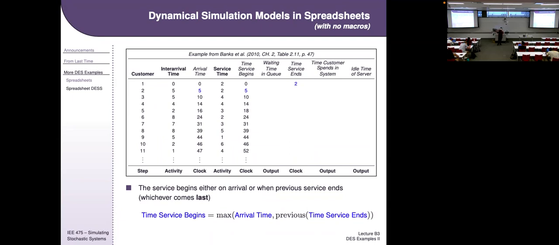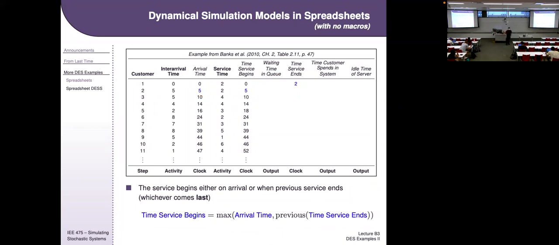Or their service ends after I arrive, so that means I have to wait. That's all that this is calculating here. So I can put in a little Excel expression for this column, which references the cell in the row above and the cell adjacent. It compares the two of them, says which one is highest, and replaces it with that. That's all. So that 5 corresponds to that 5 there.